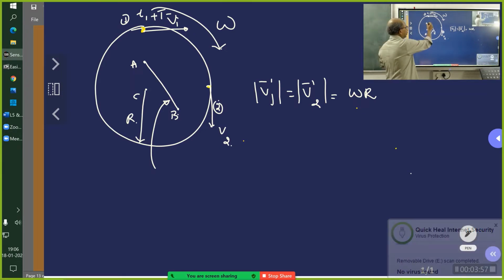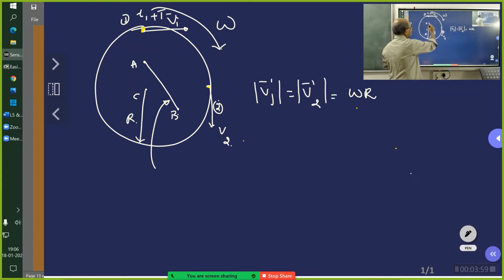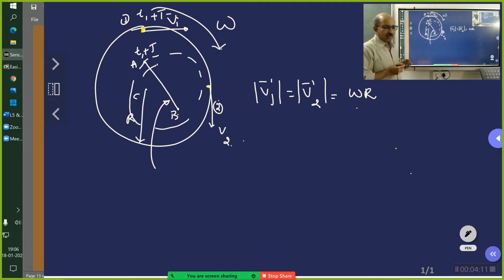The other particle will also undergo a rotation and come back to its original position after time t. So the angular velocity of any line that you draw here will be the same as the angular velocity of the body. Clear?